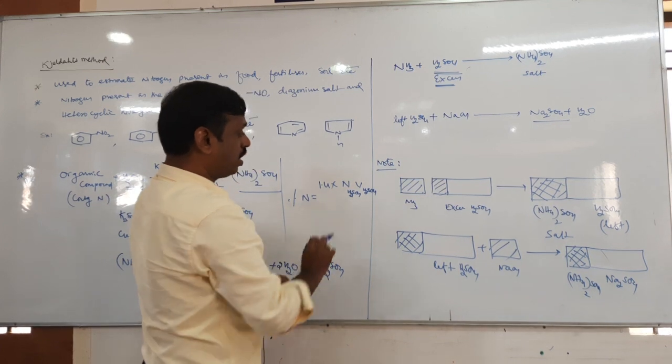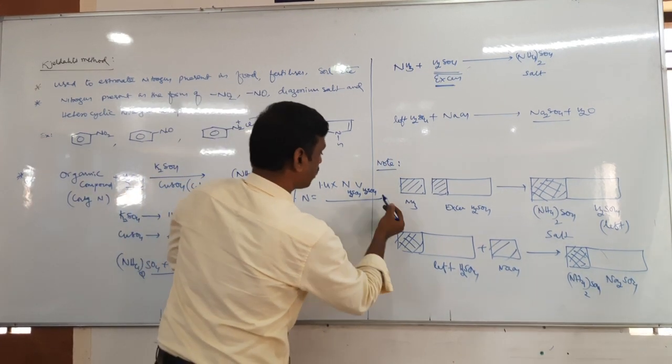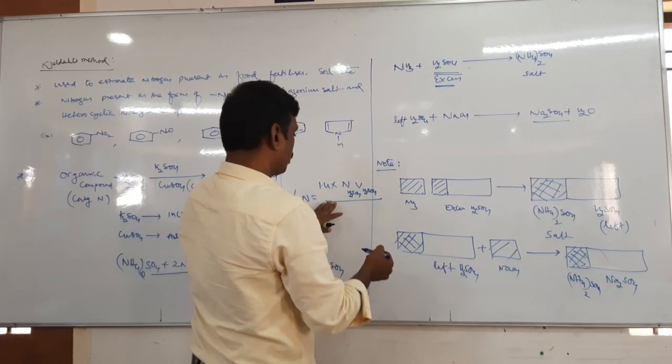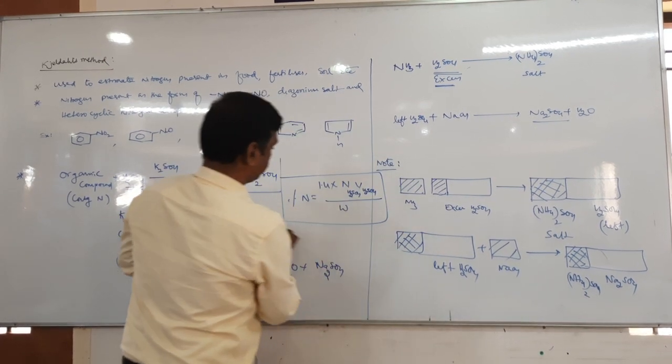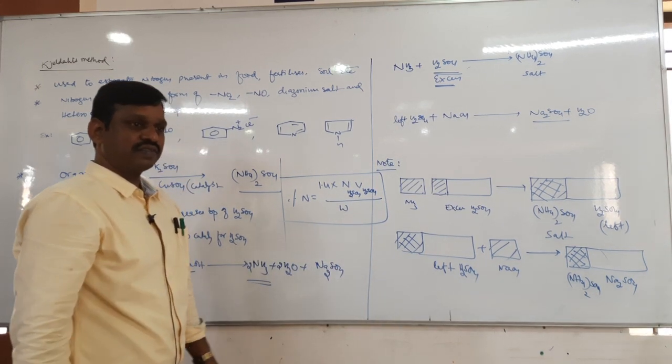Okay, so N into V divided by, in calculation, what do you get? W. Not 100, it's simplified. This is the formula you'll get finally.